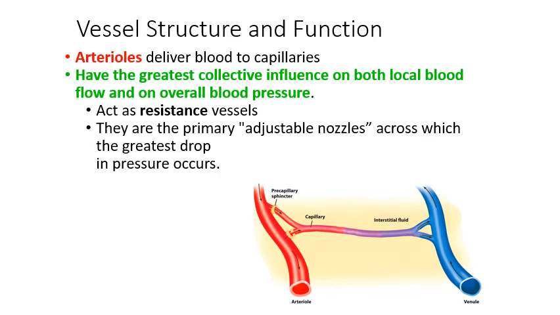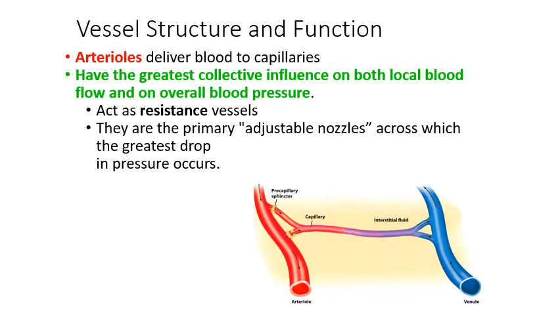Okay, so let's look at where we find those arterioles. So the further we get away from the heart, our elastic arteries become muscular arteries and then eventually become arterioles. And arterioles are the last vessel that we go through before we hit a capillary bed. So arterioles are the vessels that are responsible for delivering blood to the capillaries.